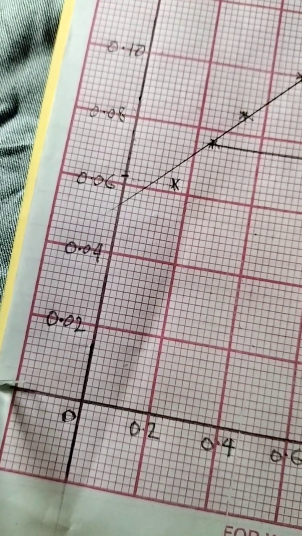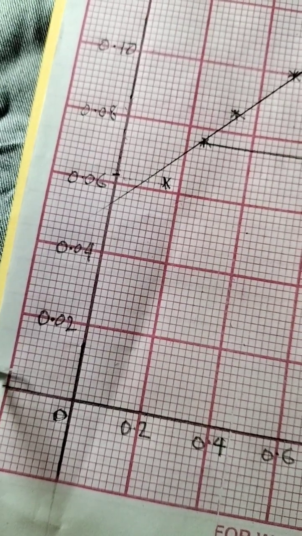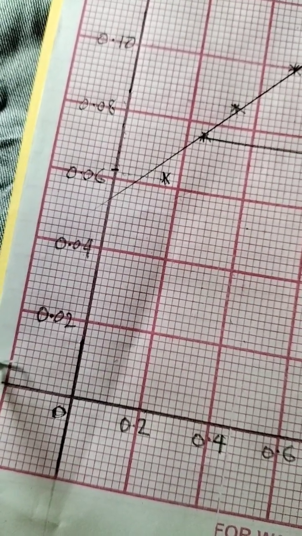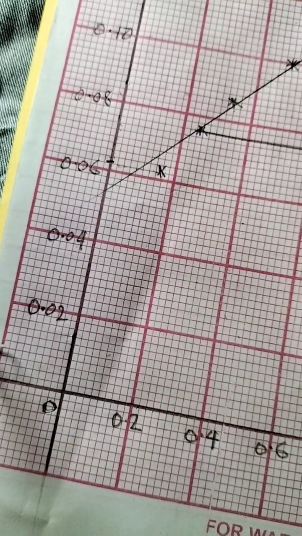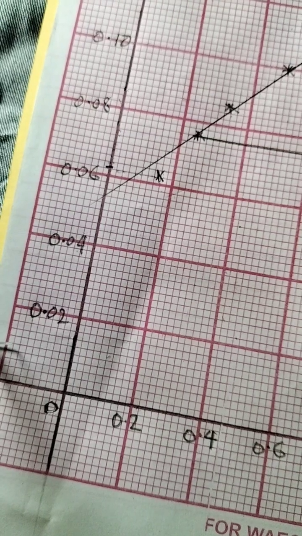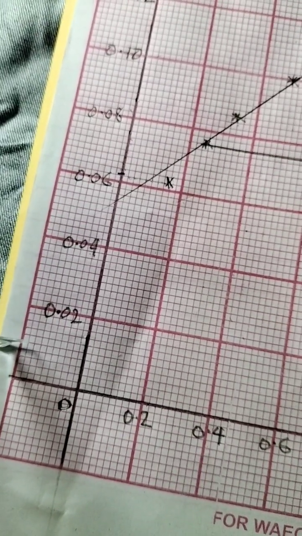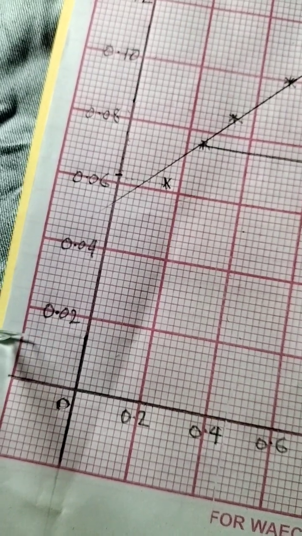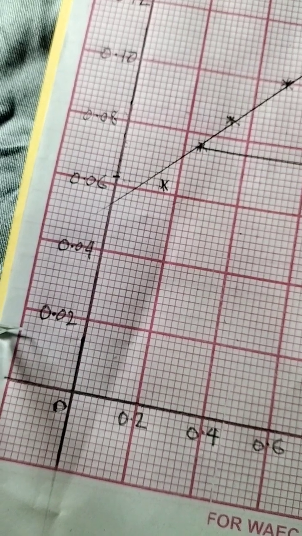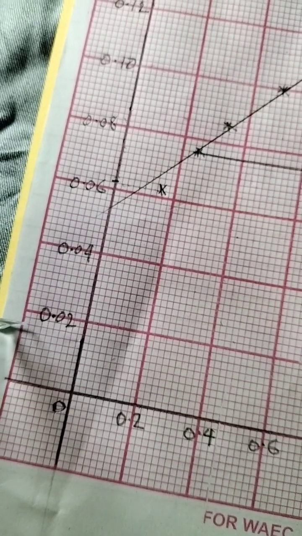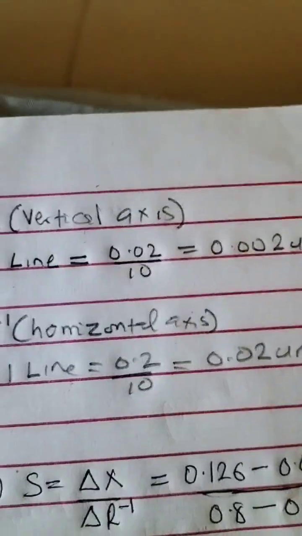Sorry. First line is 0.002, 0.004, 0.006, 0.008, 0.01, 0.012, 0.014, 0.016, 0.018. I'll repeat it and get it clear so it won't be confusing.